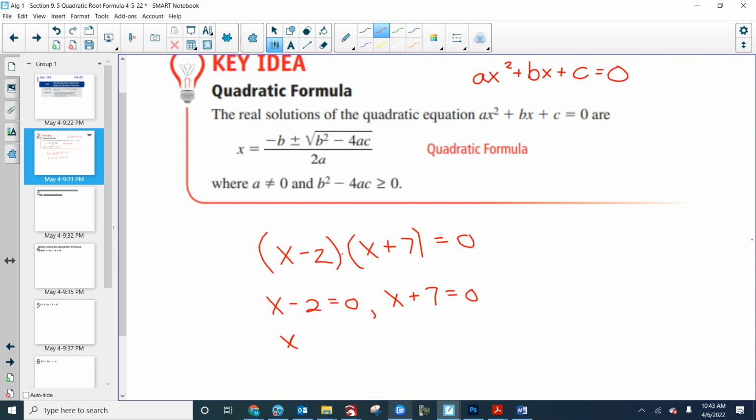Add 2, x equals 2. Subtract 7, x equals negative 7. Those are your zeros, 2 and negative 7. Those are the x values where the parabola hits the x-axis.